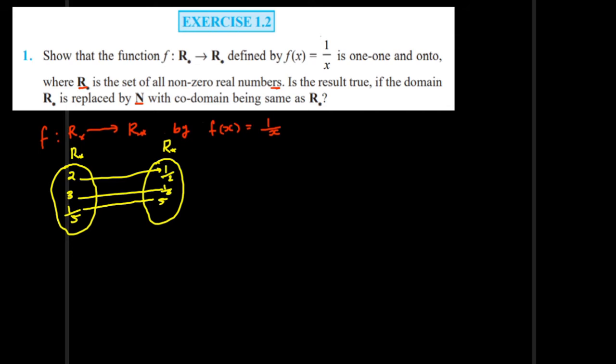Every element of the codomain has a pre-image in the domain, therefore it is onto also. From the figure you can see this function is one-one and onto, but how to show this?